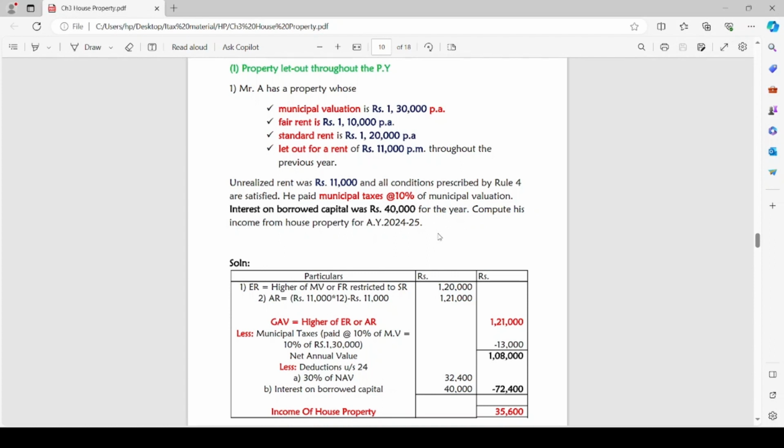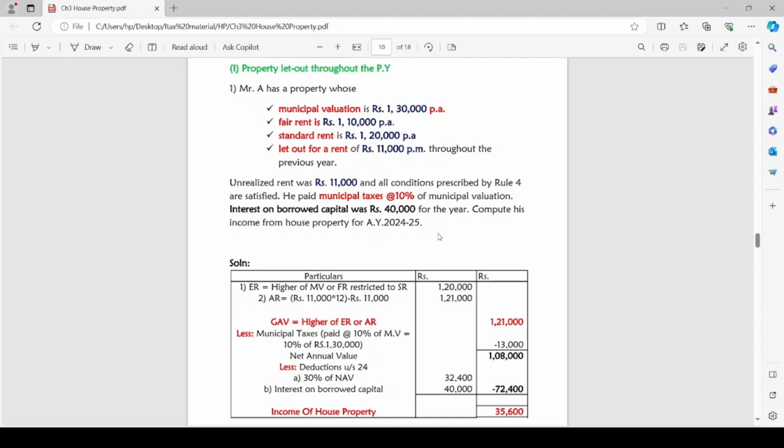The actual rent. The property is let out for rupees 11,000 per month throughout the previous year, but the unrealized rent was rupees 11,000 and all the conditions prescribed by Rule 4 are satisfied. Hence, we multiply this 11,000 per month by 12, which gives the rent payable for the whole year, and then we deduct rupees 11,000 of unrealized rent.